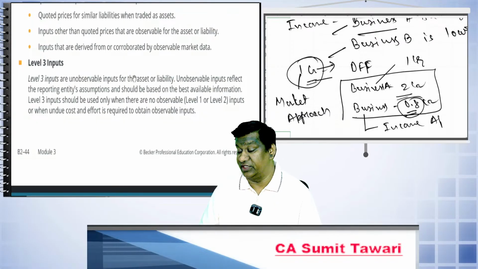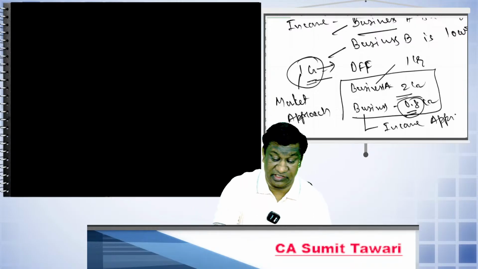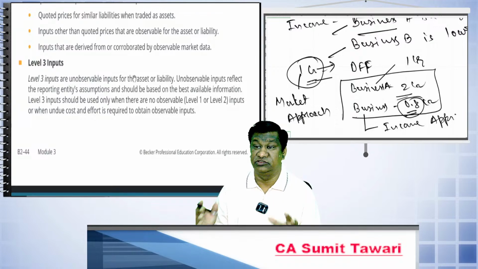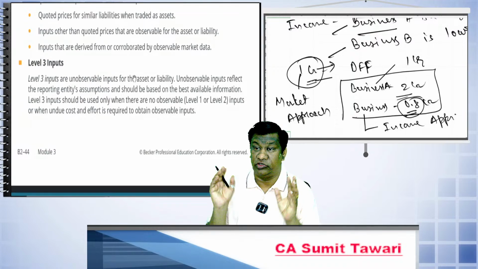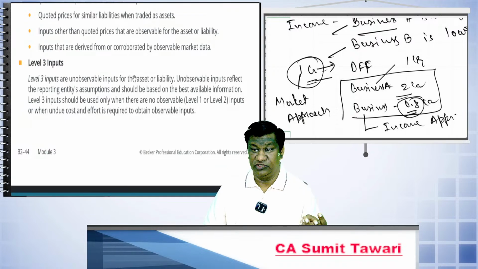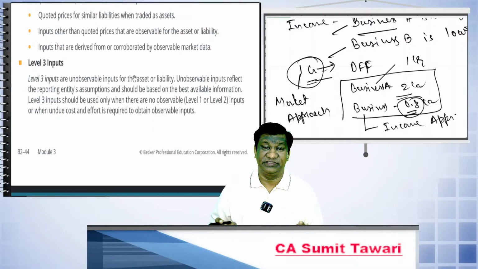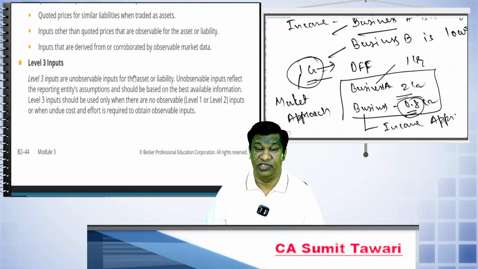So that's why I'm saying for valuation technique, it is not the case that you need to prioritize. It is what technique is best suitable for the current condition. Whether you need to use the cost approach, the income approach, or the market approach, you need to evaluate on the basis of the situation or the information available with you. It is not the priority, it is the judgment actually.